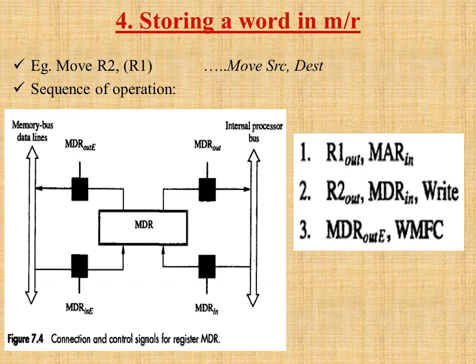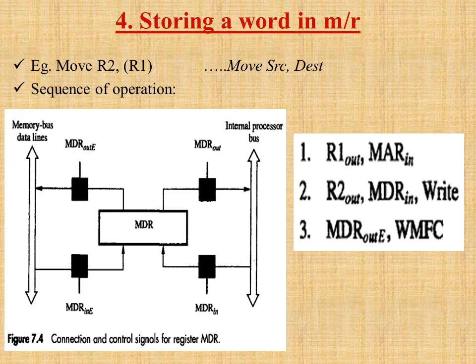The fourth and last category of operations performed by the processor is storing a word in the memory. The third one was taking something out from the memory and loading it into the processor. Now we are going to transfer a data word from the processor into memory. To understand this, we'll take an example, that is Move R2, (R1).